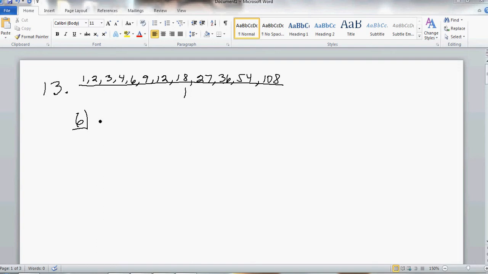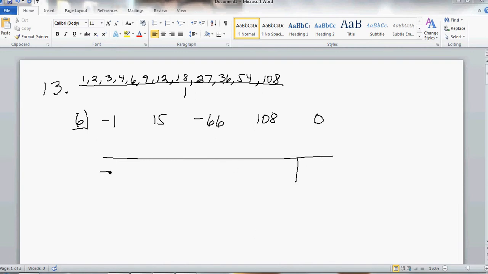I'm going to use synthetic division, so -1, 15, -66, 108, and I need to put in 0 for the constant because there is no constant there. Now let's try this. -1. Multiply is -6.